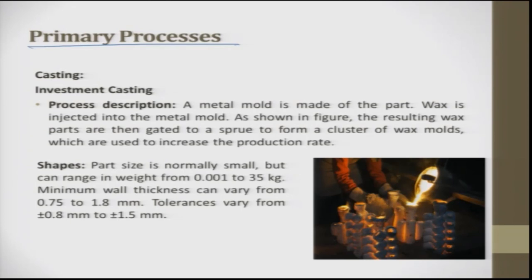So, when you try to talk about manufacturing, the first classification of processes is primary processes. Primary processes are where you try to take it from an ore, or from metal which is there in bulk. What you do is you try to melt it and then you try to give a shape to it.